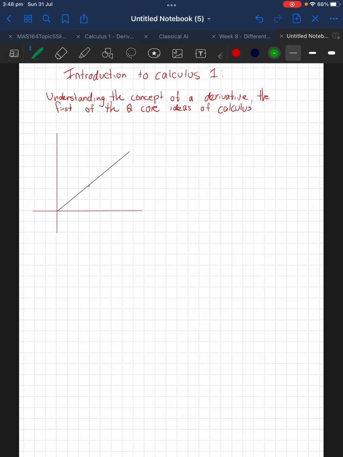So let's say this is point P, and this is point Q. Now, this point P would have had an x value. So let's just call this x value 2. And Q would have an x value. Let's call that value 6. And P would also have a y value. Let's call that 1. And Q would have had a y value.